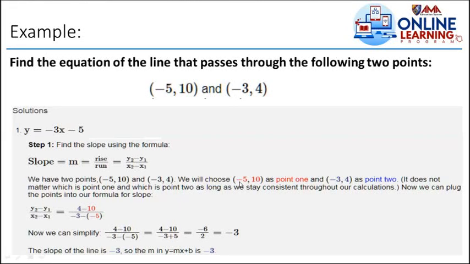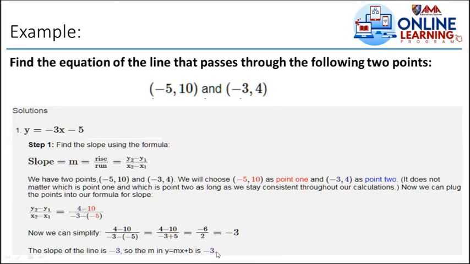So if we're going to simplify that one, we have 4 minus 10, then -3 minus minus magiging -3 plus 5. Okay? So, it's equal to -6 all over 2, which is equal to -3. So, the slope of the line is -3. So, the m in y is equal to mx plus b.